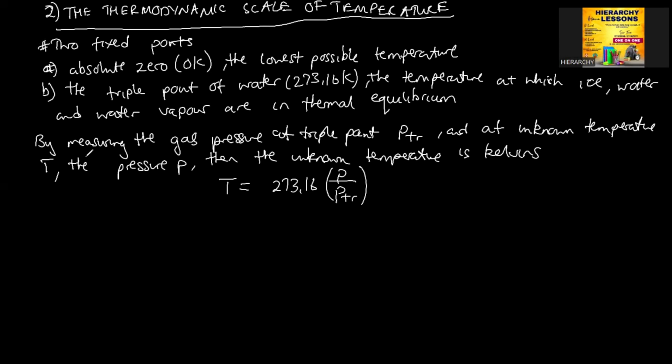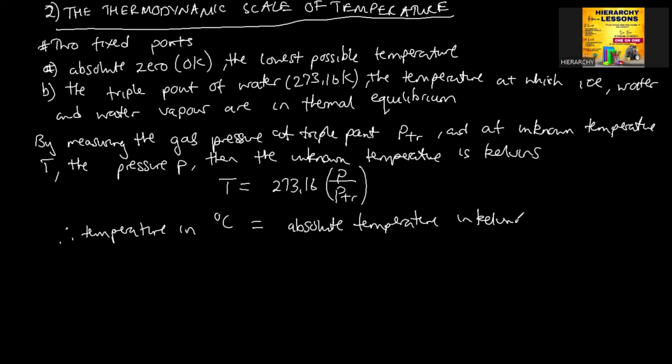Okay, so how do you convert kelvins and degrees Celsius? We know that temperature in degrees Celsius is equal to absolute temperature in kelvins minus 273.15.